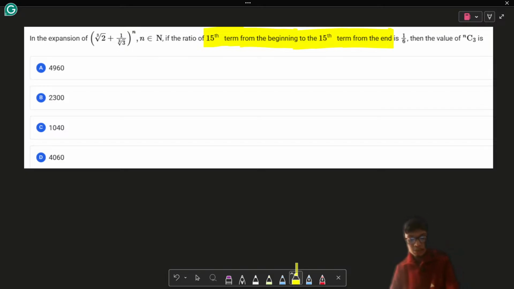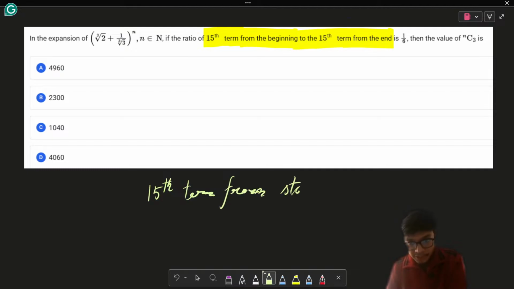Whenever we need to count a term, for example the 15th term from the start, that is basically equal to T of 14, right? So T of 14 is the 15th term from the start. Okay, so whenever we write the 15th term from the start, that is basically T of 14, right?